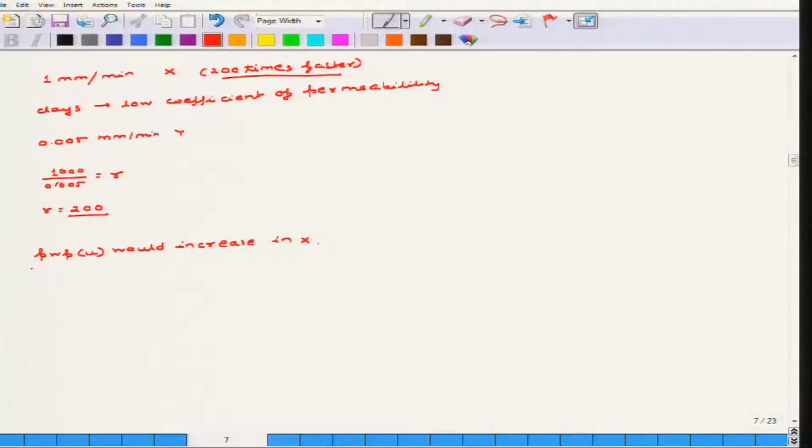Generally what we do is that since the pore water pressure distribution may not be uniform, we consider, let us say, that this is the triaxial sample. So this is, let us say, 38 millimeter, and this is, let us say, 76 millimeter. The pore water pressure distribution along the sample may not be uniform. It may be somewhat like this, or like this, depending on where the drainage is opened or closed.